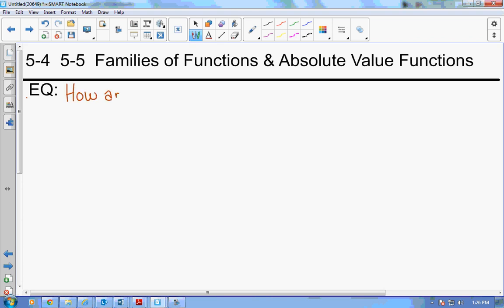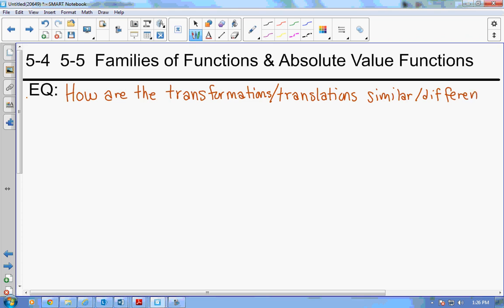How are the transformations and translations similar and different between the following functions?